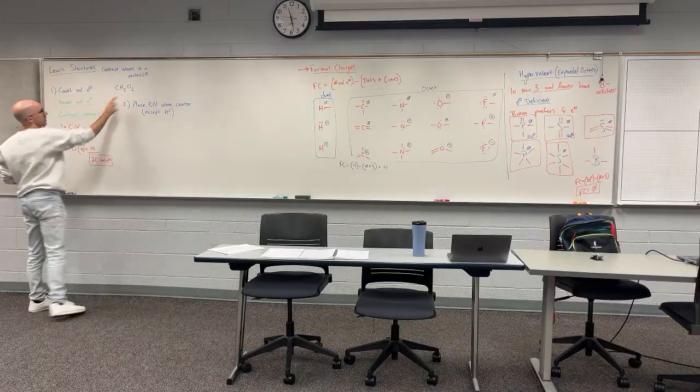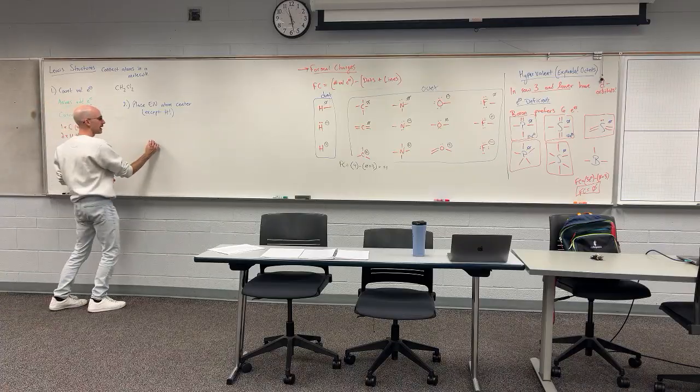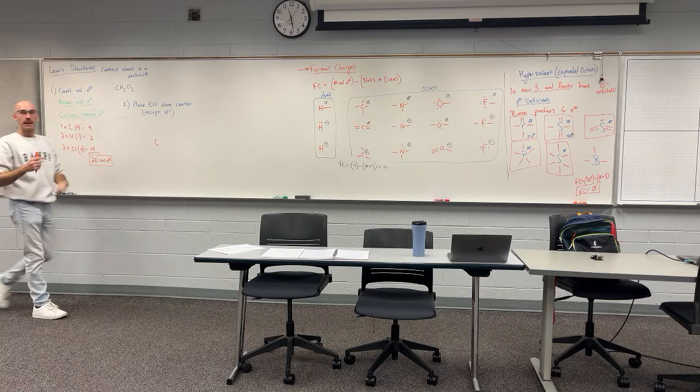Which of my atoms then will go in the center? Carbon, hydrogen, or chlorine? Carbon. Now, similar to last time with Lewis symbols, we can treat this like a square, and we can just place our 4 atoms around carbon as a square.